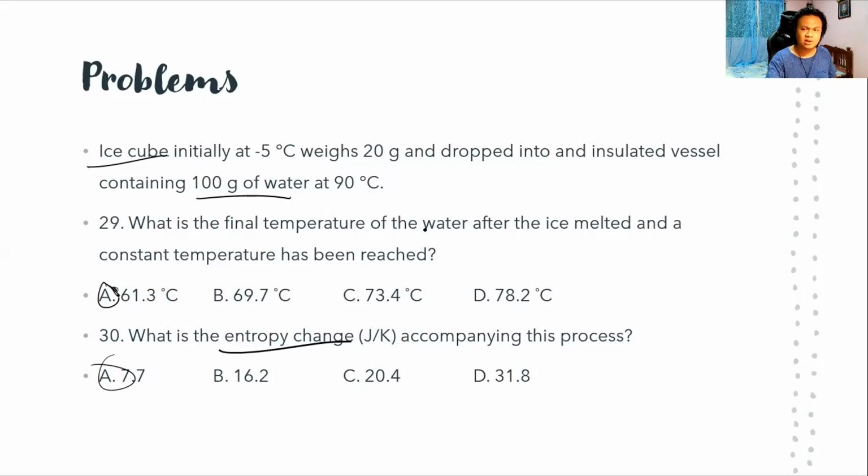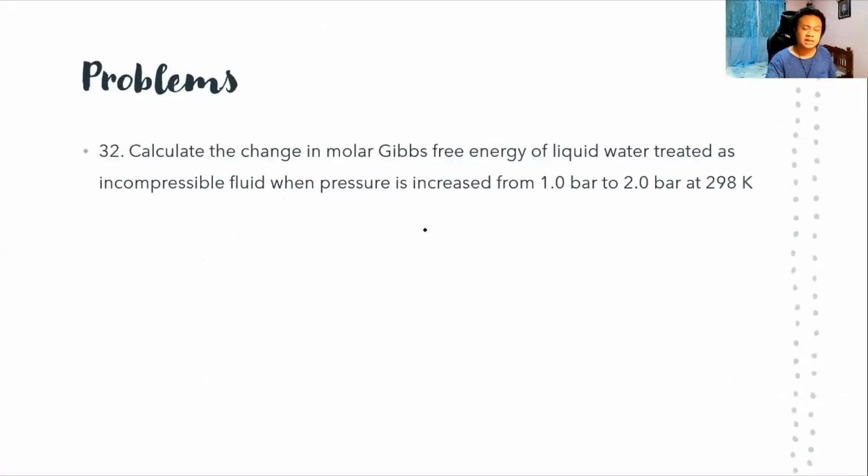Okay, so now let's go to the next problem. Actually, it's the third to the last problem that I will give you. Calculate the change in molar Gibbs free energy of liquid water treated as incompressible fluid when pressure is increased from 1 bar to 2 bar at 298 Kelvin.